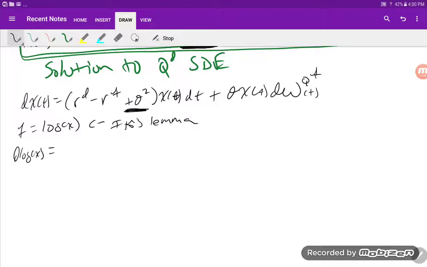Applying Ito's lemma to this function, d log of x is going to be equal to 1 over x dx minus 1 over 2x squared dx squared.